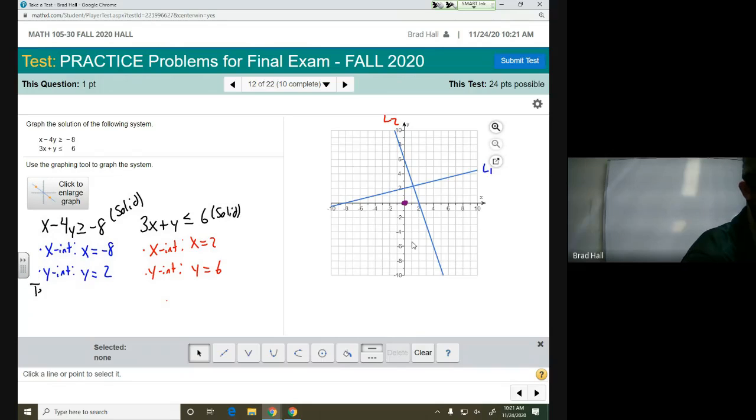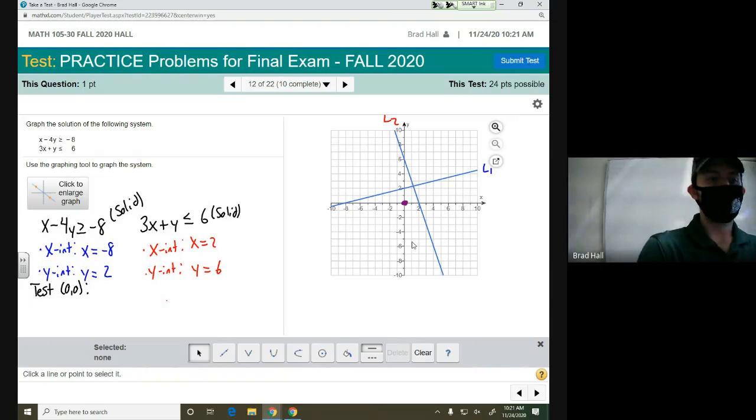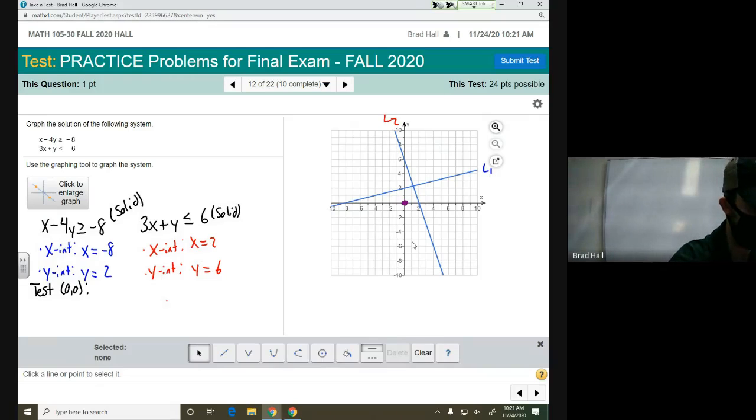So I'll test it for the blue line or the first line. So for the first line, when we test 0, 0, the inequality now says that 0 minus 4 times 0 is greater than or equal to -8.